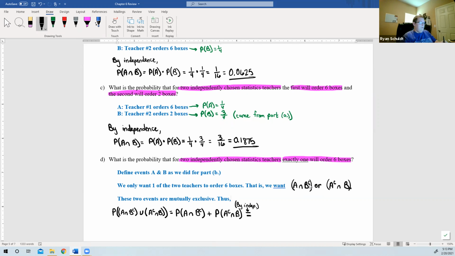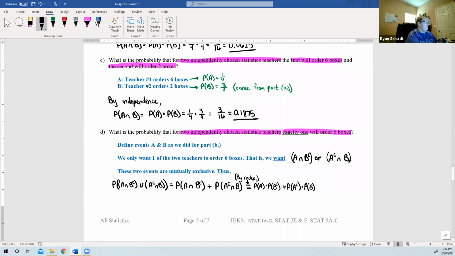This is equal to the probability of A times the probability of B complement plus the probability of A complement times the probability of B. I am out of room down here, so let me make another line.